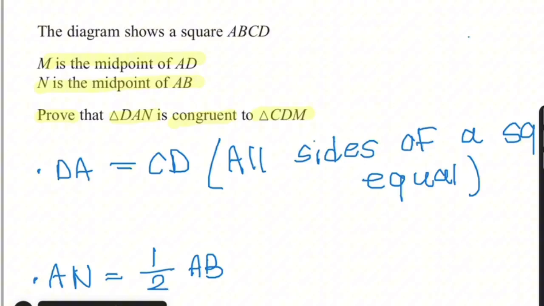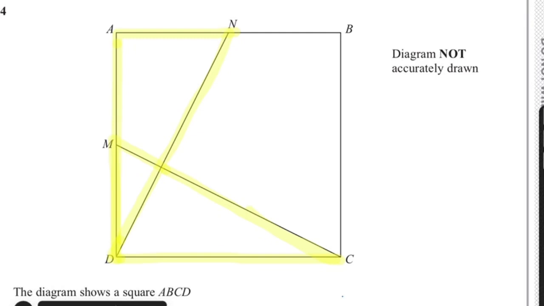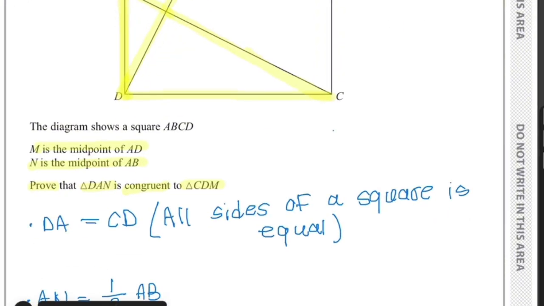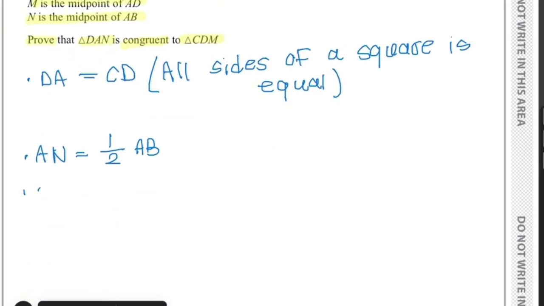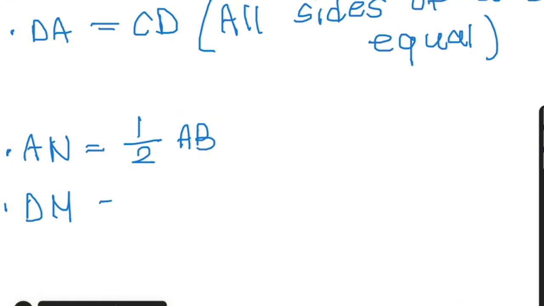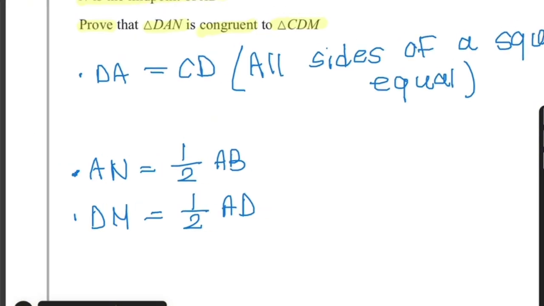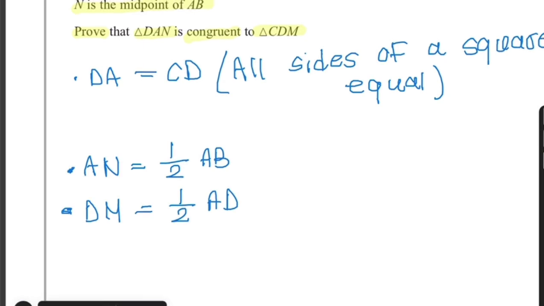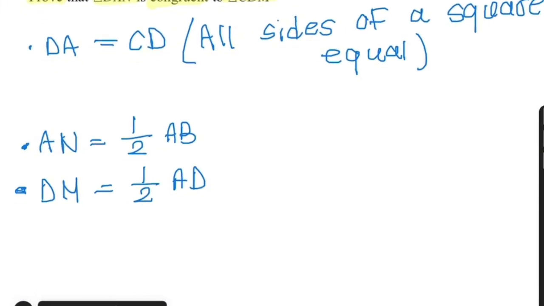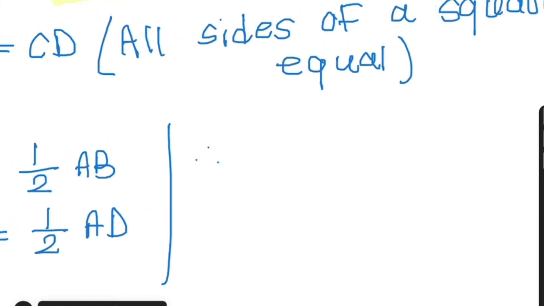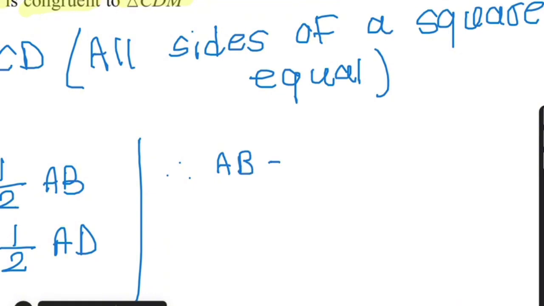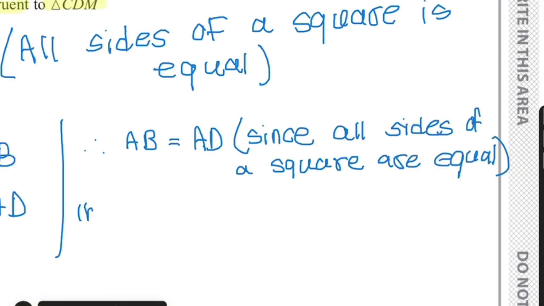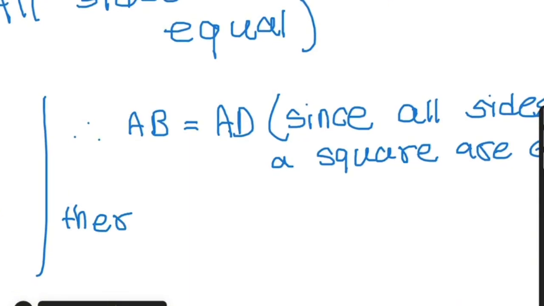Am I right? In the same way, we know that M is the midpoint of AD, so DM would be half AD. These are bullet points, by the way. So we can write here, AB equals AD, therefore AN equals DM.